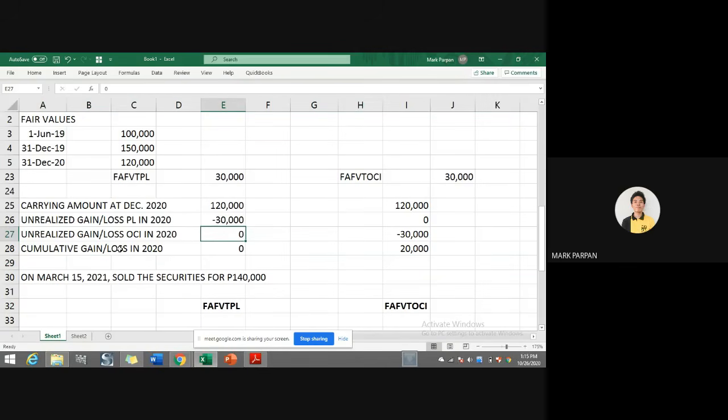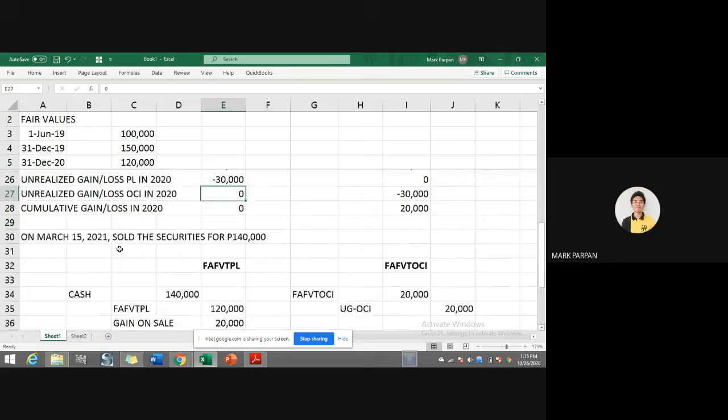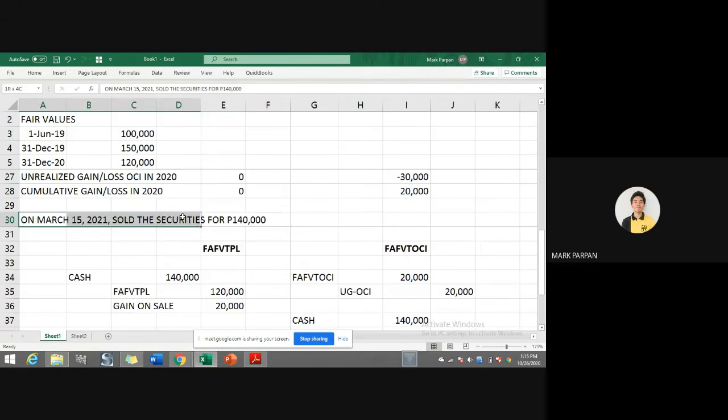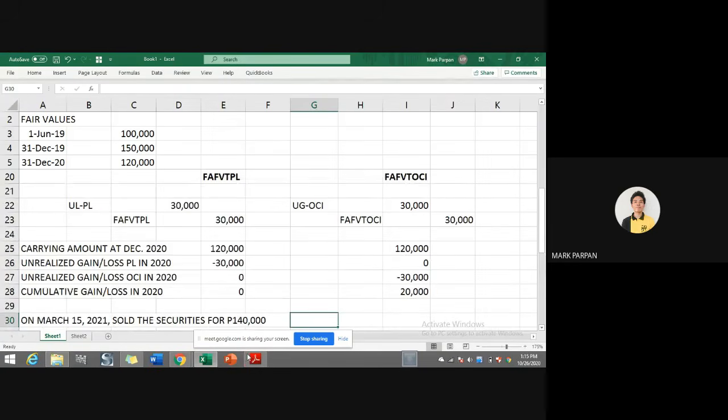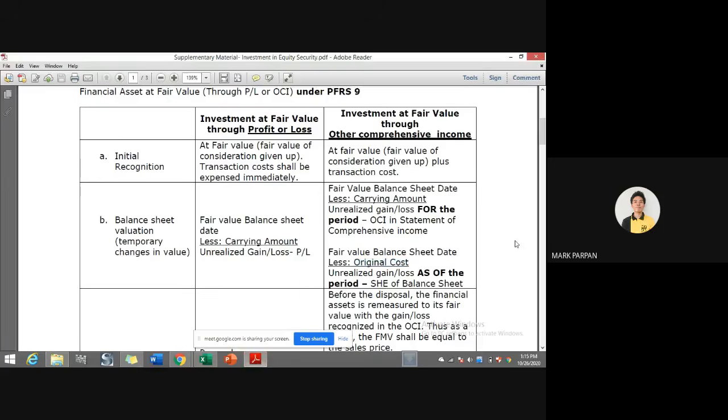Okay. So, let's assume now, on March 31, the securities were sold for 140. So what will we do? Okay. I hope that is clear for the subsequent measurement, for the period and as of the period. See, only OCI has an as of the period or cumulative.